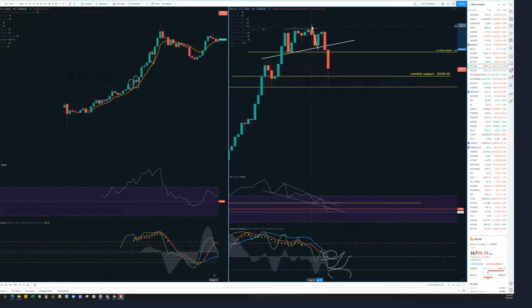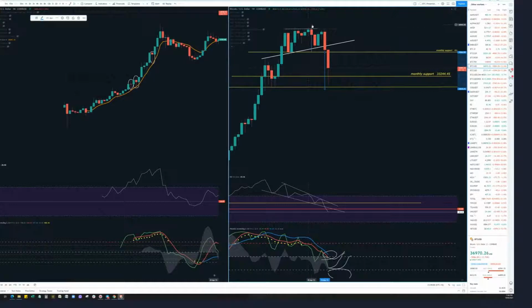I did talk about this structure. Even if you don't want to look at it as head and shoulders, you still take the height of that structure, which I'll make blue, and that height becomes a target from the breakout point, which is roughly there.